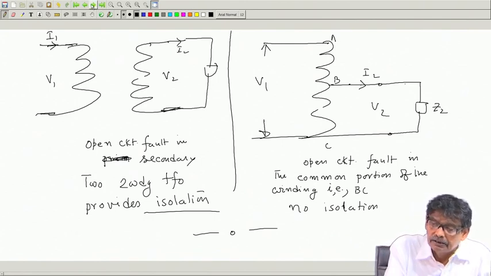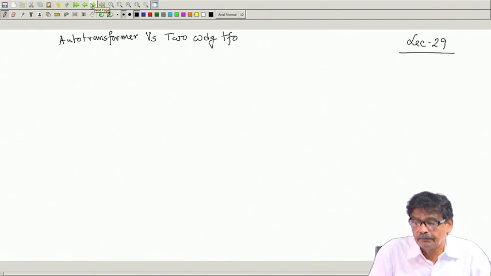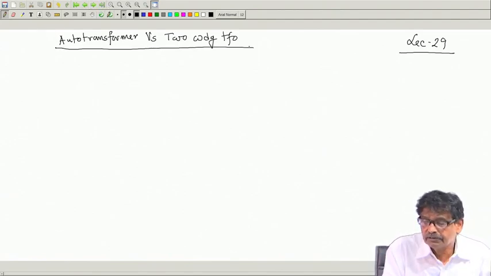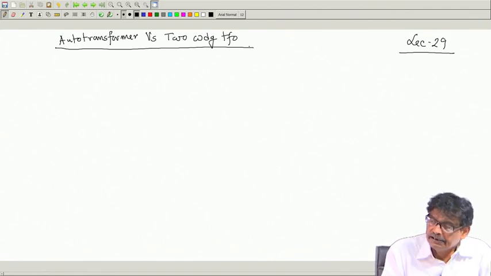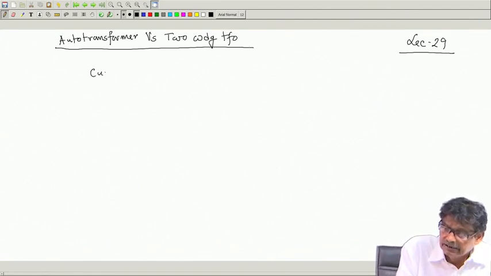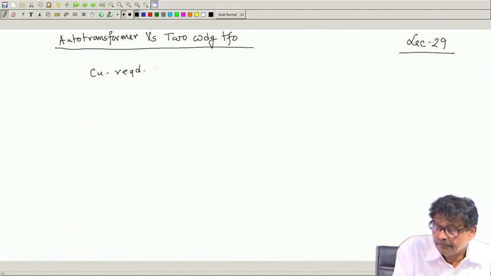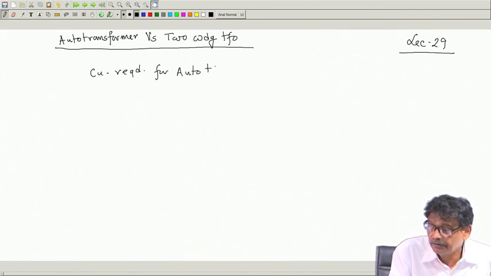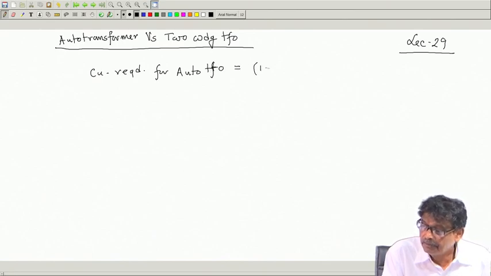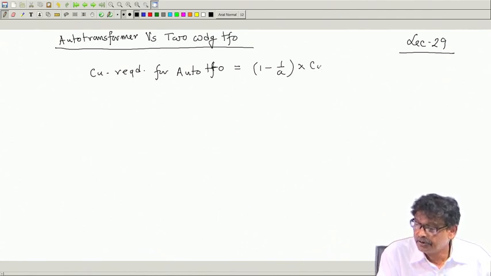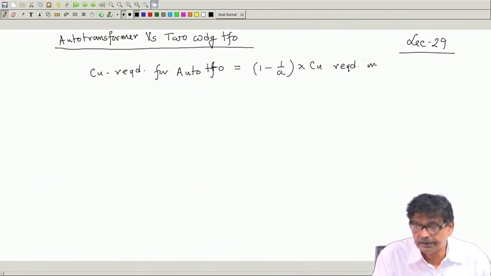Now, the question is, when to use auto transformer? Auto transformers can be used. See, I write this thing: copper required for auto transformer, the previous result, we found is 1 minus 1 by A into copper required in a two winding transformer of the same rating.